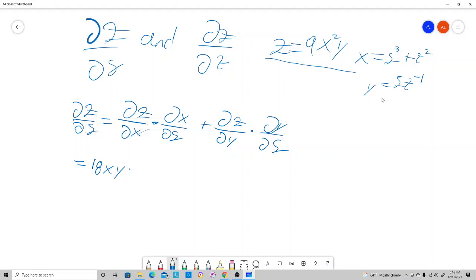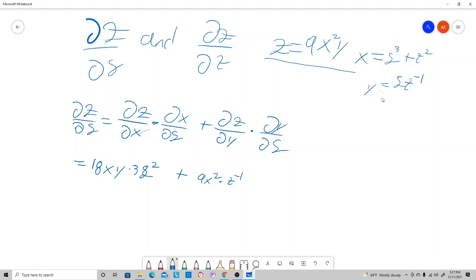So this t will go away, so it will be 3s squared, plus the partial of z with respect to y, that's just 9x squared, multiplied by the partial of y with respect to s, which will just be t to the negative 1.